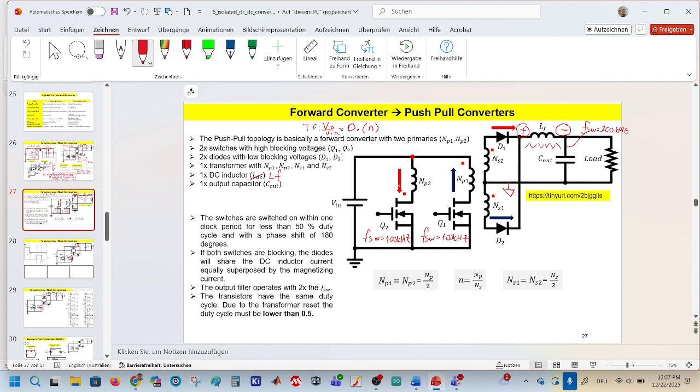Again, it's an advantage because by this way, you can reduce the switching frequencies, and on the other side, you can reduce the ripple, current ripple on the secondary side.